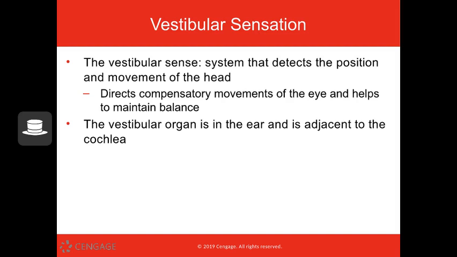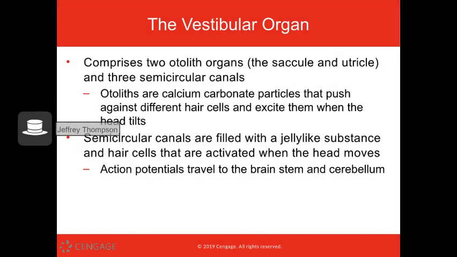The vestibular organ is in your ear and it's adjacent to your cochlea. Our vestibular organ comprises two otolith organs, the saccule and the utricle, and three semicircular canals. Otoliths are calcium carbonate particles that push against different hair cells and excite them when the head tilts.